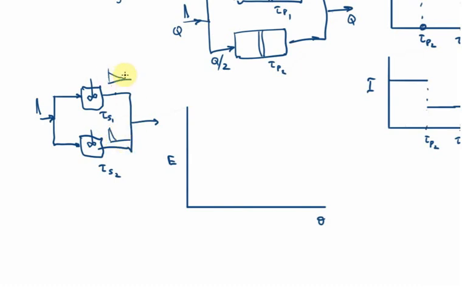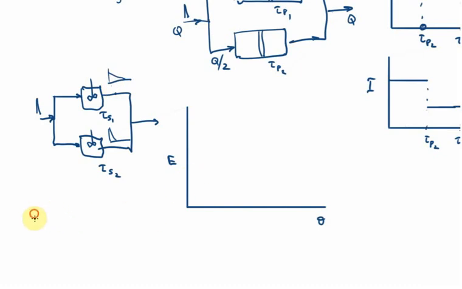And I'm deliberately drawing them with different extents of decay, or different rates of decay, because we said this had the greater residence time. So if it's a greater residence time, it starts lower.